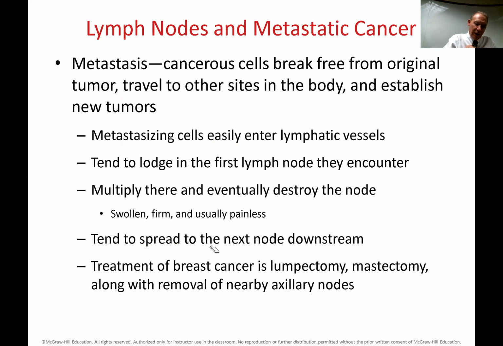What you're really checking for more than anything else, you take the axillary nodes, send them out for a biopsy, which means they get sliced up and looked at under the microscope. If there are cancer cells within those lymph nodes, that's a worse prognosis than if those lymph nodes are free and clear of cancer cells.